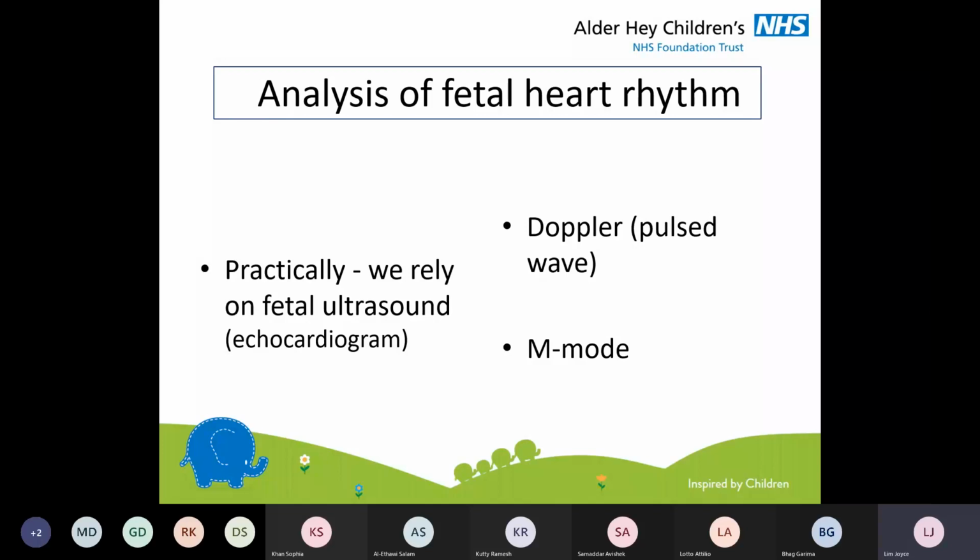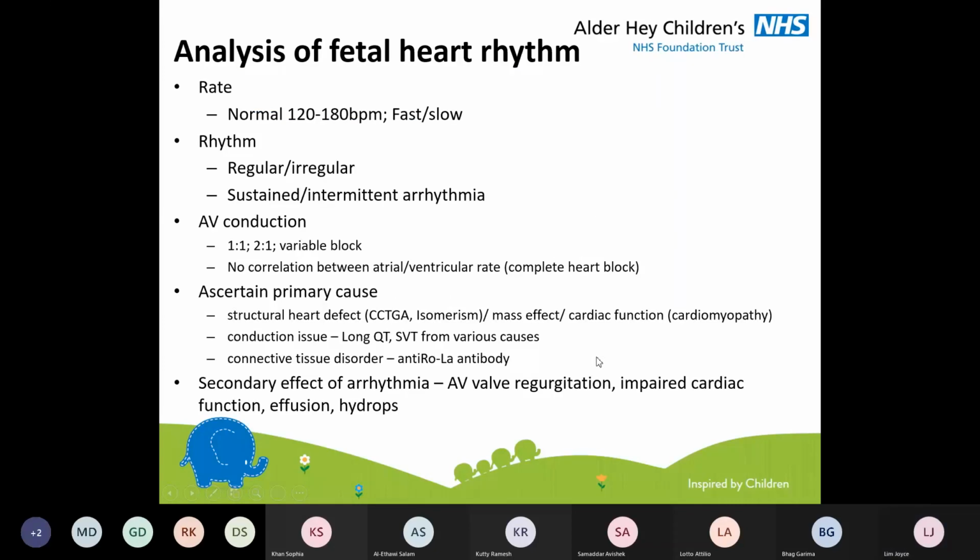So practically, apart from the Dopplers that the midwives use, when we see them at the fetal cardiac unit, we would have a look at the 4-chamber and outflow tract views, get an actual Doppler across it, and also do some M modes as well. So we analyze the rate and the rhythm: whether it's regular or irregular, and whether it is sustained or intermittent.